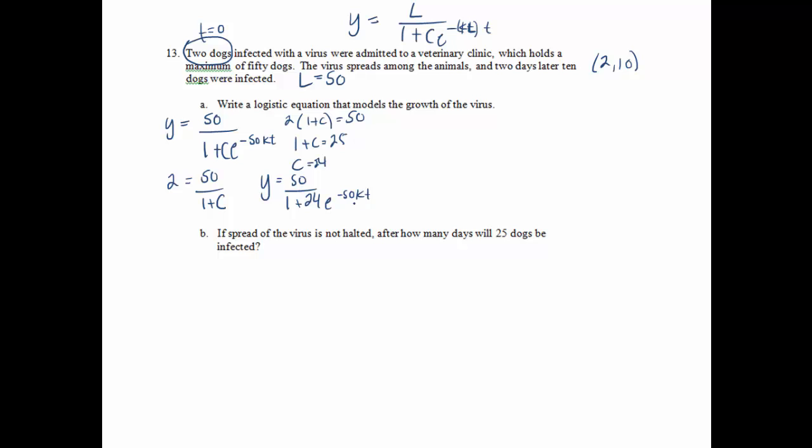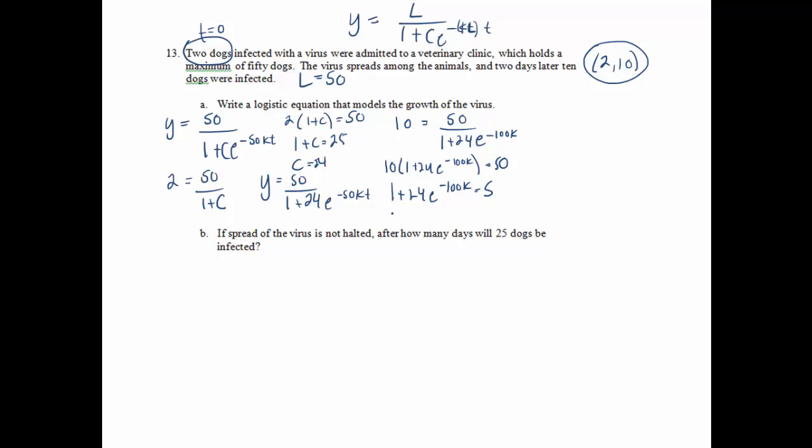So I still need to find that k. I'm going to use my point (2, 10). There are 10 dogs after 2 days, so 10 equals 50 over 1 plus 24e to the negative, since t is 2, negative 50 times 2, which is negative 100k. I'm going to cross multiply, so I get 10 times the quantity 1 plus 24e to the negative 100k is equal to 50. I'll divide both sides by 10, so 1 plus 24e to the negative 100k equals 5.